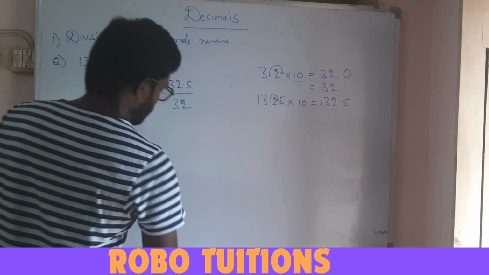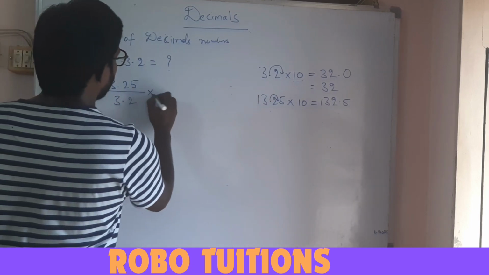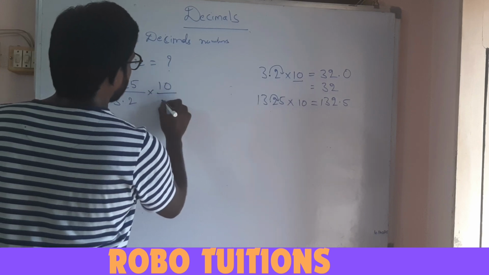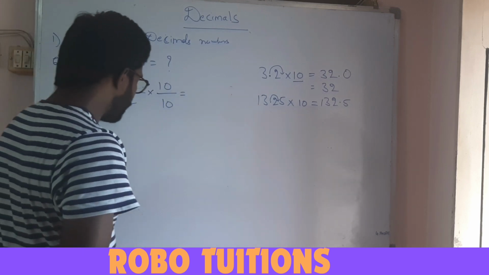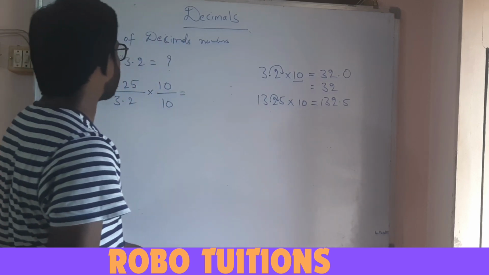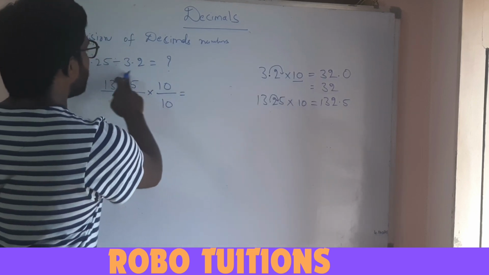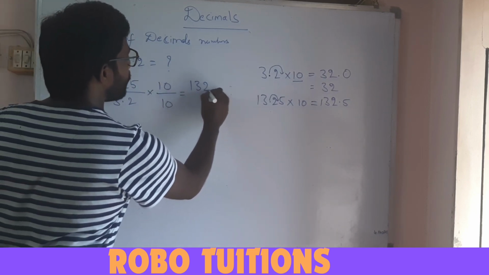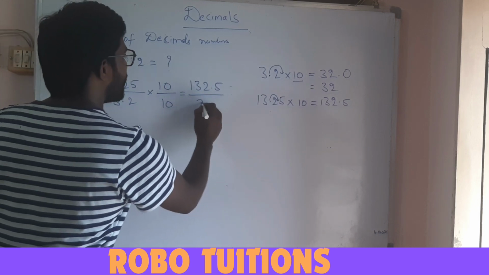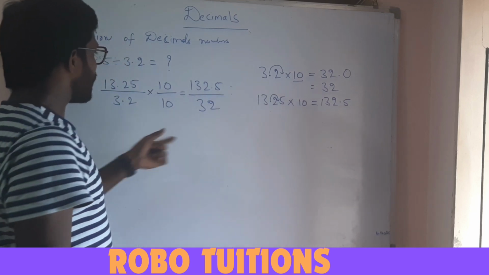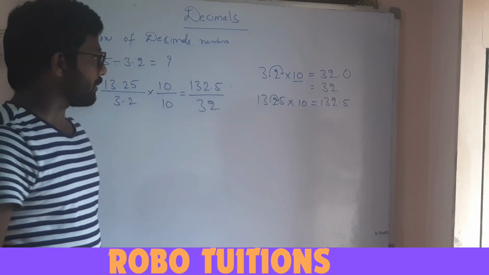Let me write it once again. Both numerator and denominator should be multiplied with 10, because the number 3.2 converts into a normal number when multiplied by 10. So numerator times 10 gives 132.5, and denominator times 10 gives 32.